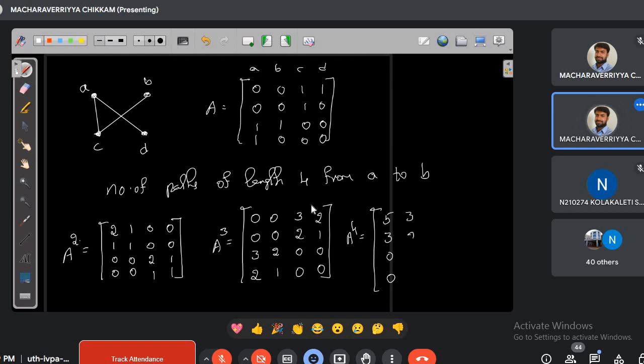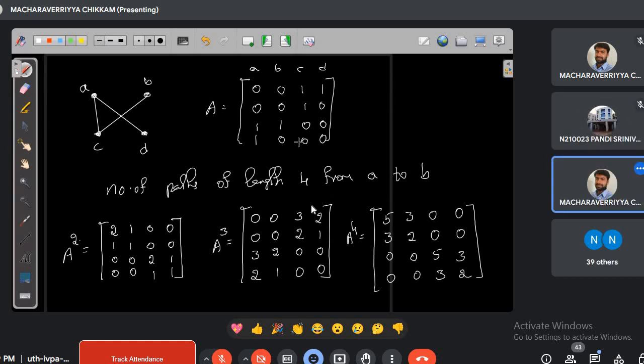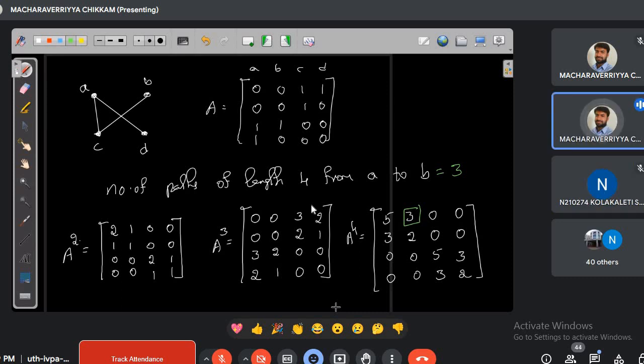Third one, 3, 2, 0, 0. First two, 0, 0, 5, 3. And the first one, 0, 0, 3, 2. Alright, so what is the answer to this question, the number of paths of length 4 from A to B? A I have taken here and B is in the second place. So the answer is 3. Am I correct?